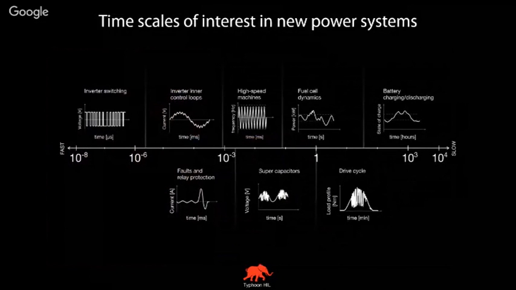If we speak about timescales of interest in new power systems, we now have a really large span, starting from the microsecond or even nanosecond level for sampling of the PWMs in inverter switching.